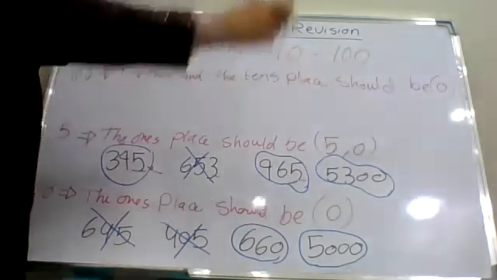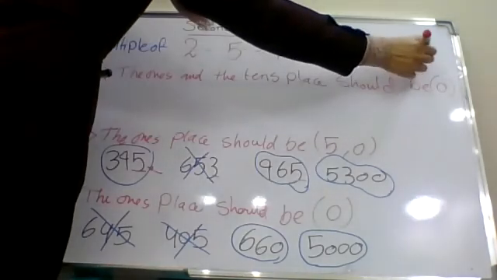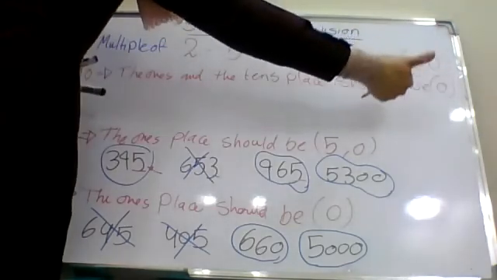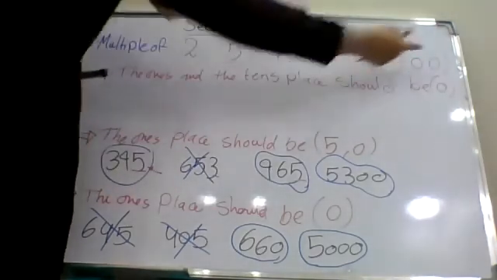The number should end with 0, 0. You can say that the number should end with 0 for the tens and the ones place, or you can write that the number would end with 0, 0.